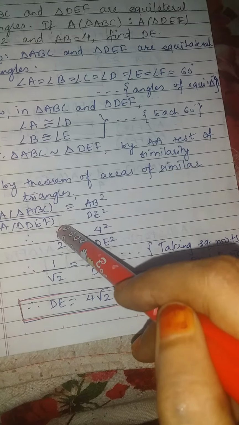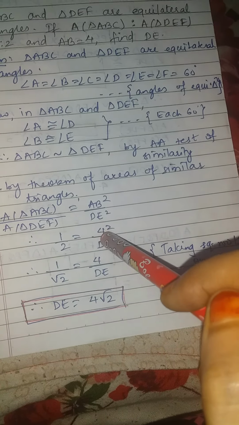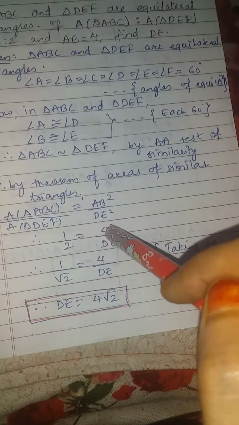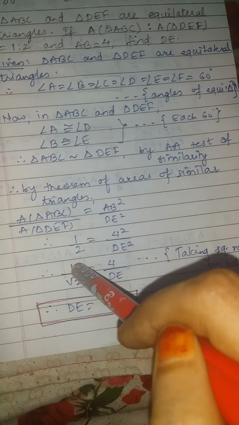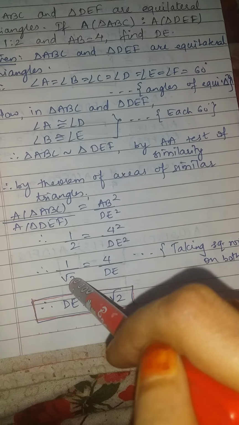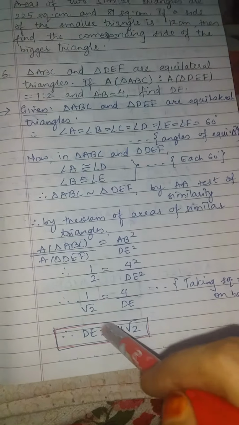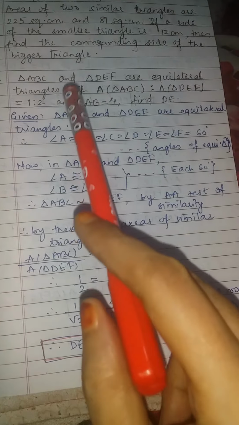Square root of 1 is 1, square root of 2 will remain as root 2, equal to, squares and square roots cancel on the right hand side, so this will be 4 upon DE. Cross multiply: DE into 1 is DE and 4 into root 2 is 4 root 2. So the final answer is DE is equal to 4 root 2 units.